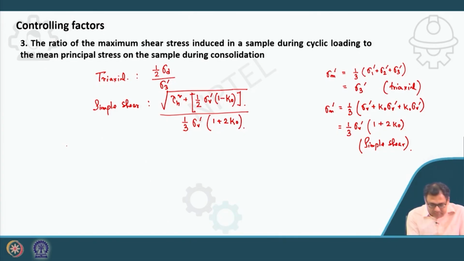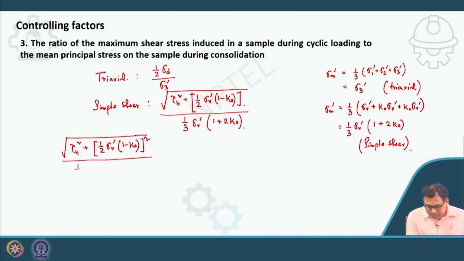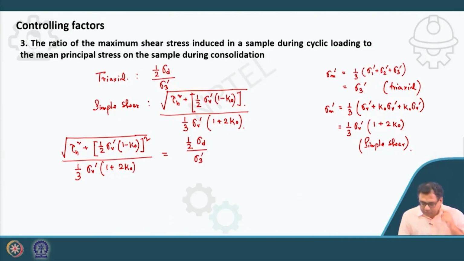Now if you equate them, this will be the square root of tau h square plus half sigma v dash (1 minus k0), divided by 1/3 sigma v dash (1 plus 2 k0), that is equal to half sigma d divided by sigma 3 dash, or sigma 3.